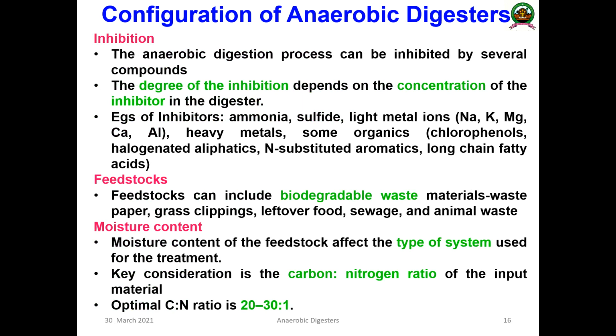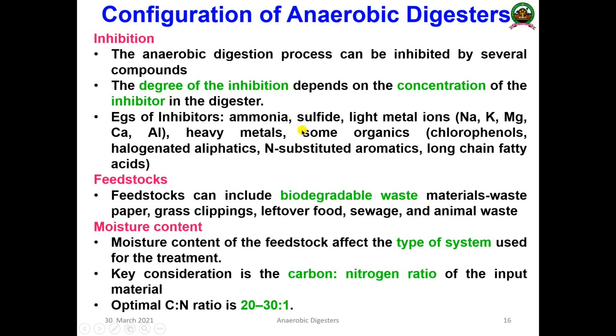This is one of the most important parameters for anaerobic digesters, because the anaerobic digestion process can be inhibited by several components. The degree of inhibition generally depends upon the concentration of the inhibitor in the digester.